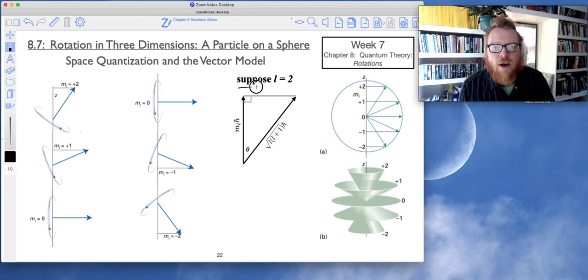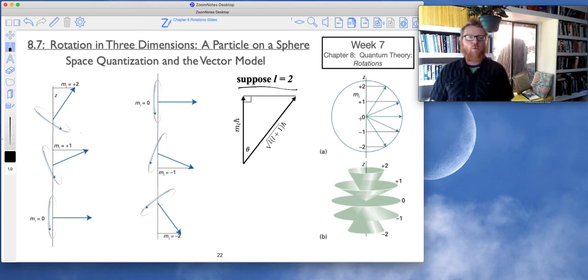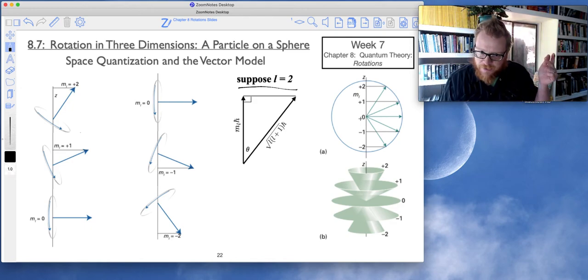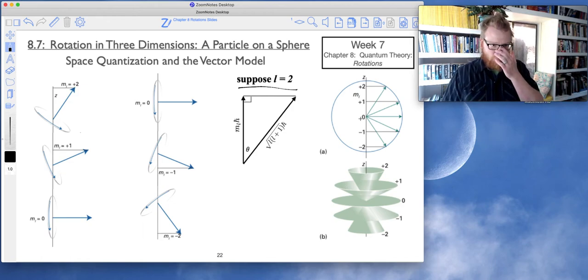So suppose L is equal to 2. So then we know that we can have ml equal to +2, +1, 0, -1, and -2. Are all of those states degenerate? Well, let's think about it.